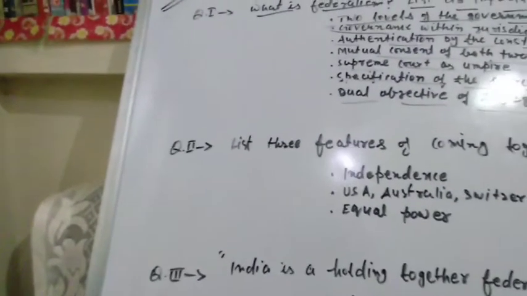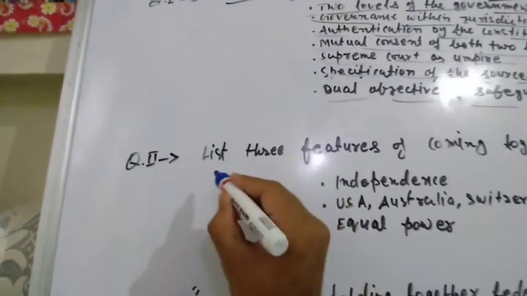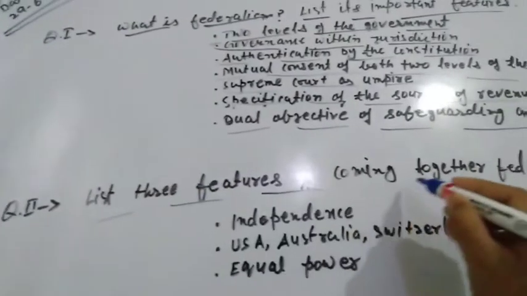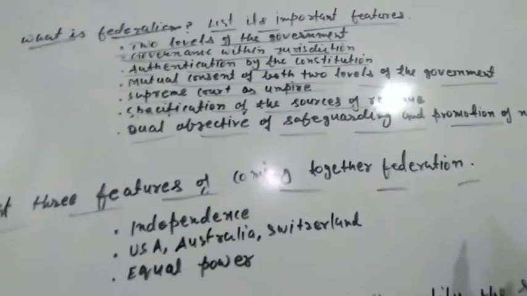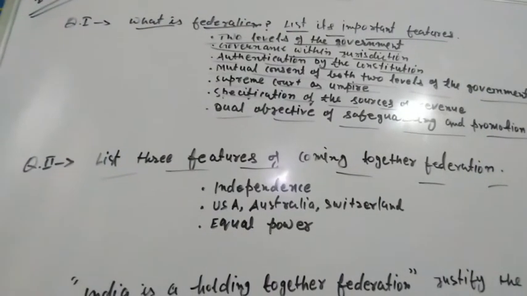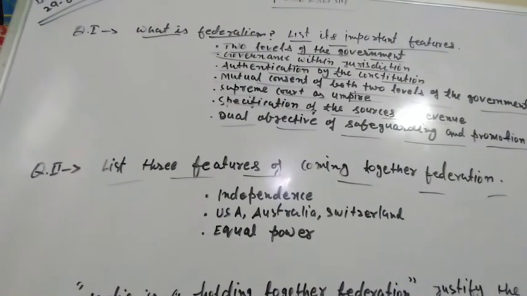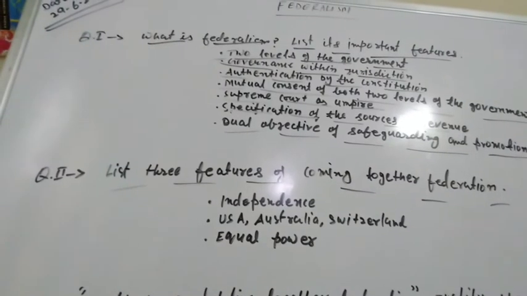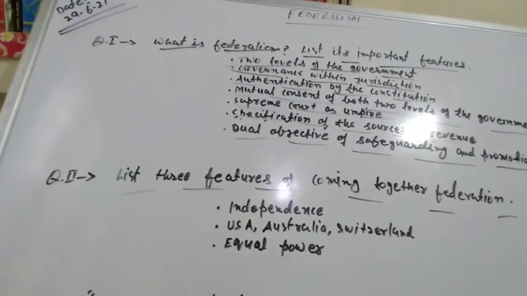Now I am going to explain question number 2. List 3 features of coming together federation. Dear students, there are 2 kinds of federation. One of them is coming together federation and second is holding together federation.